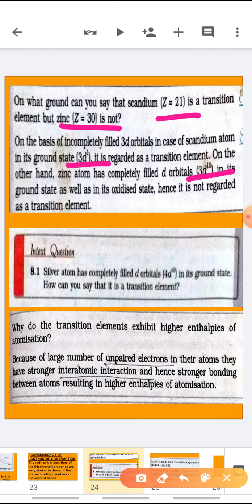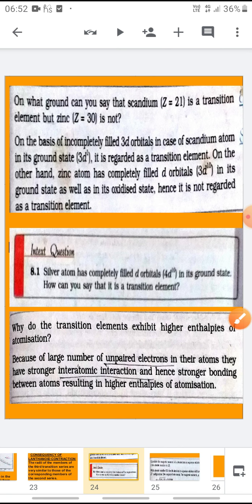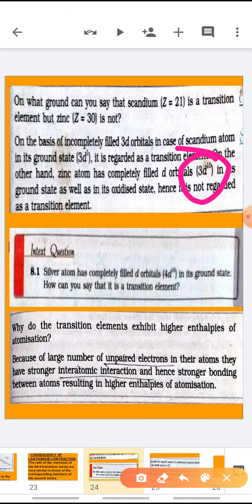And if we look at the most stable oxidation state of zinc, it is Zn2+. In 2+ also, the 2 electrons present in the 4s subshell are ionized and the d orbital configuration remains 3d10 only. So zinc does not have an incompletely filled d orbital either in the ground state or in the most stable oxidation state, so it is not regarded as a transition element.